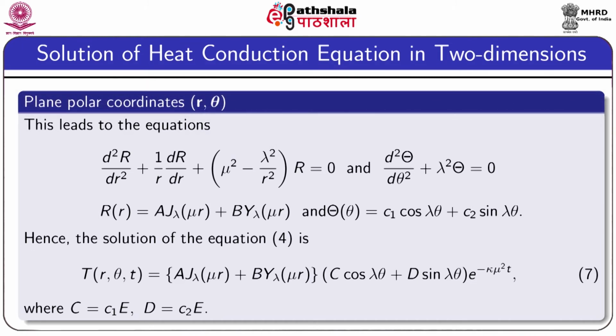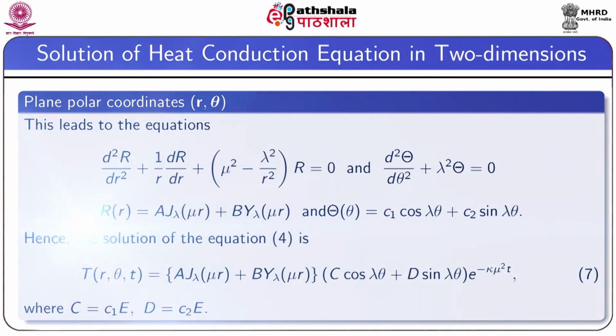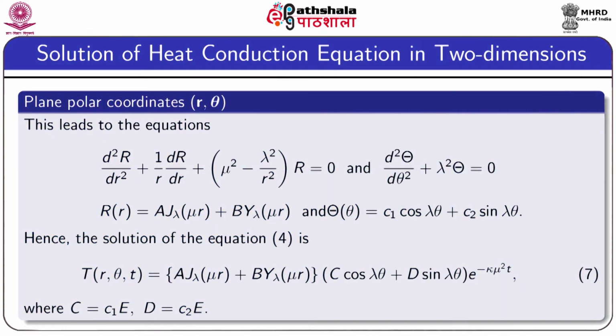But in our present problem, this solution must be valid for r equals 0. But we know that the Bessel function of second kind is undefined at r equals 0. Therefore, we have to take the value of constant B equals 0.